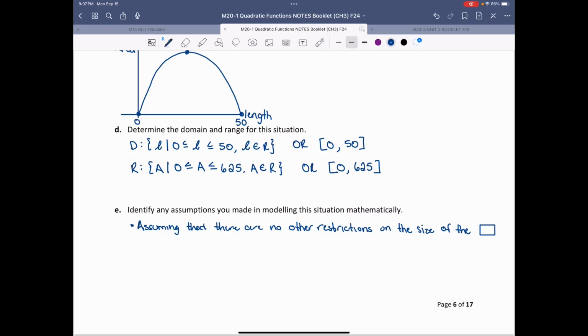So maybe the place that he was going to put it is not going to hold as big of a rectangle as we calculated. We're assuming that there are no restrictions like that.